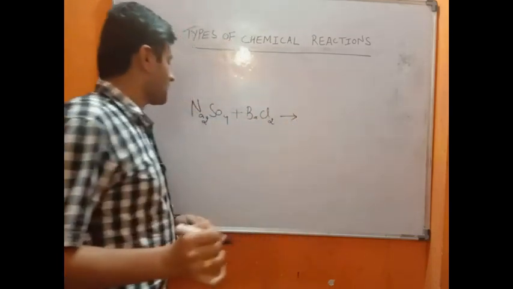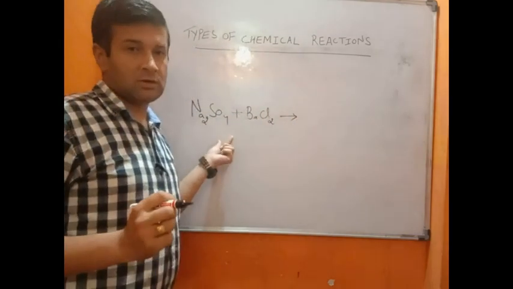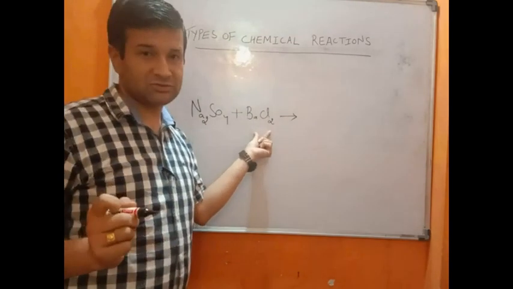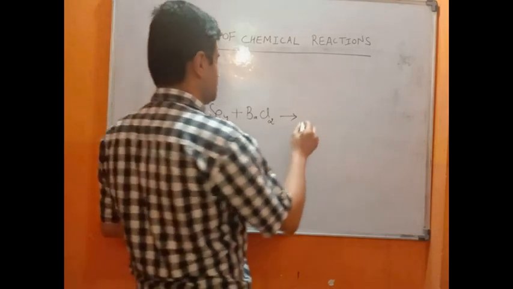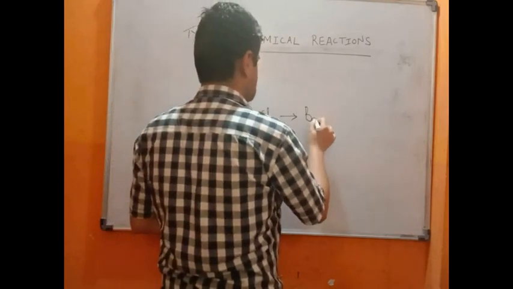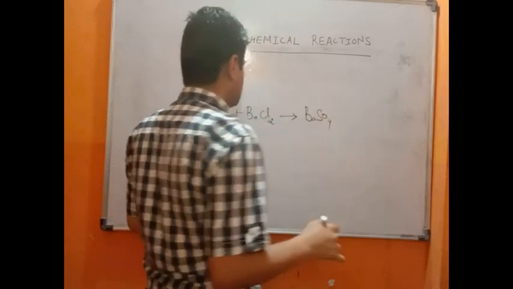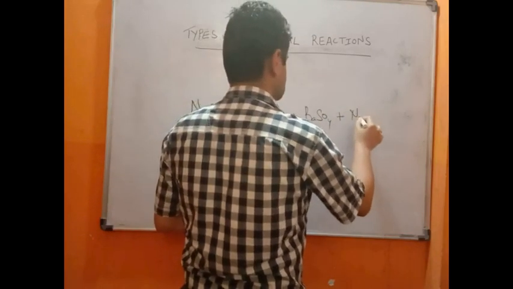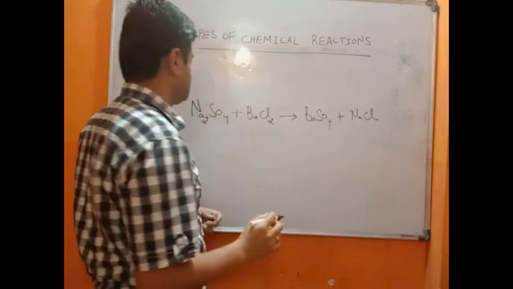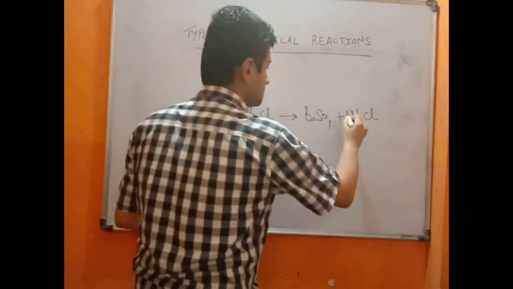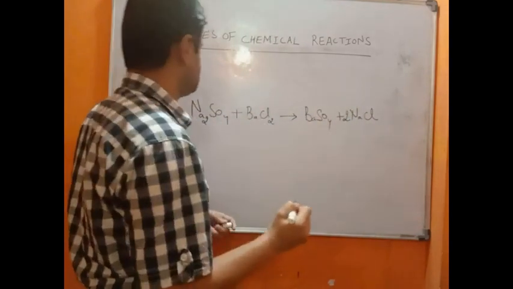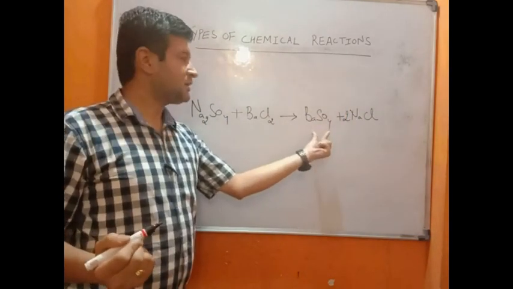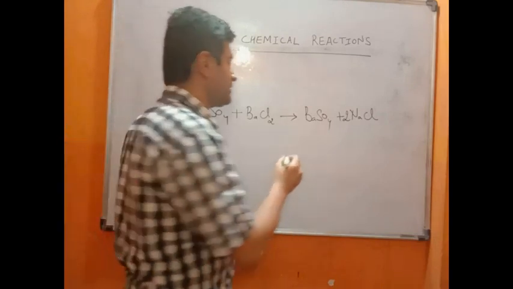When sodium sulfate solution is reacted with barium chloride solution, we get barium sulfate plus sodium chloride. So we'll balance it. This barium sulfate appears as a white precipitate.